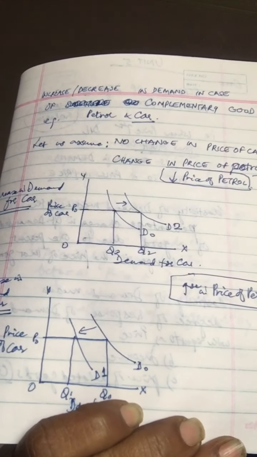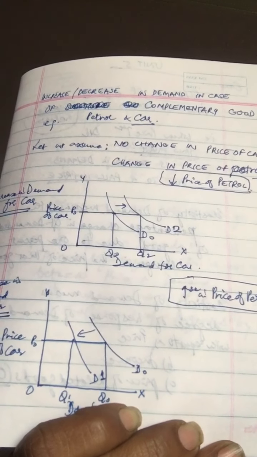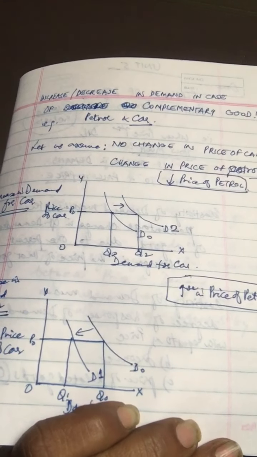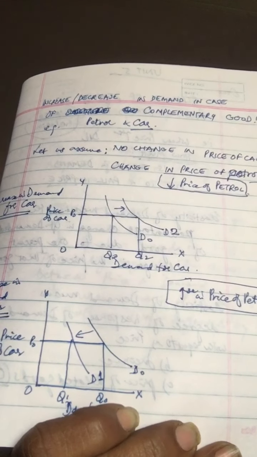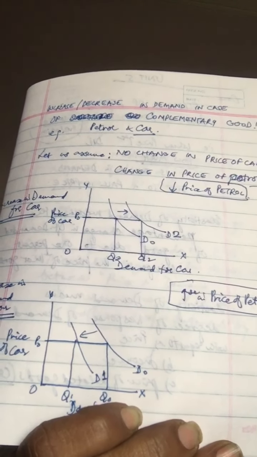If the price of petrol increases, it impacts the demand for cars because it's a complementary good. So there's a leftward shift, as you can see, to D1. So that's what it is. I'm sure now there'll be clarity, but you must make these diagrams and you must practice them.